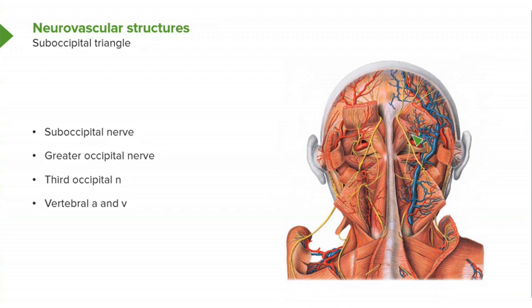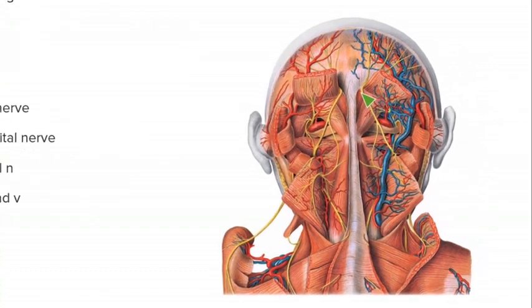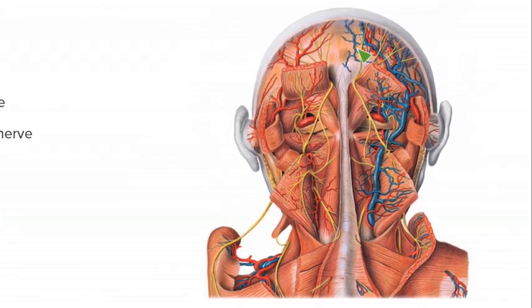And if we look at some of the twigs of that nerve, we will see that they then penetrate the suboccipital muscles. And so we do see some twigs of the suboccipital nerve, for example, going into the rectus major. This large nerve that we see entering the suboccipital region and ascending toward the midline of the cervical area and skull is the greater occipital nerve.